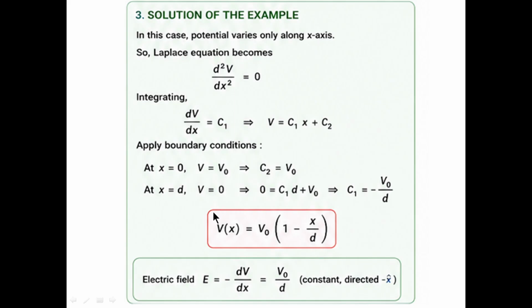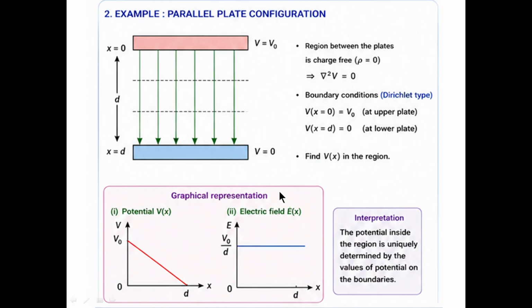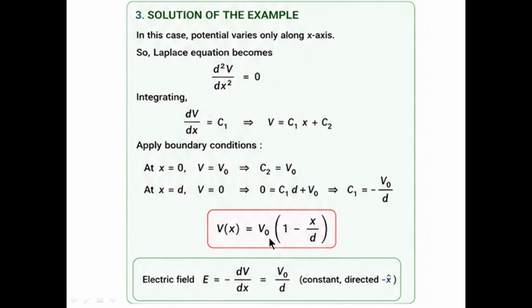And if we take a normal derivative of this potential then we get V naught upon d. Here this is a constant value directed in negative x direction. If we plot a graph between potential and this x, we can clearly see from this equation that if we increase the value of x, the value of potential decreases.